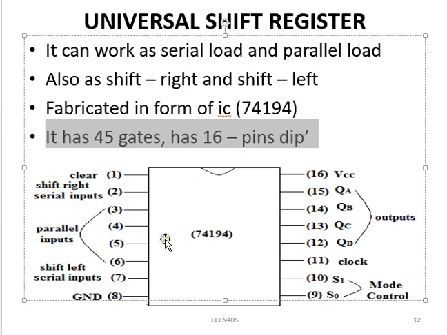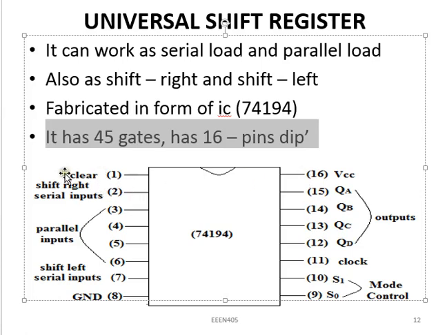If you look at it, this is the typical block diagram. As I told you, this point we call the notch, and we start counting in the anti-clockwise direction. Therefore this is my pin 1 to 8, 9 to 16, and they are all labeled.